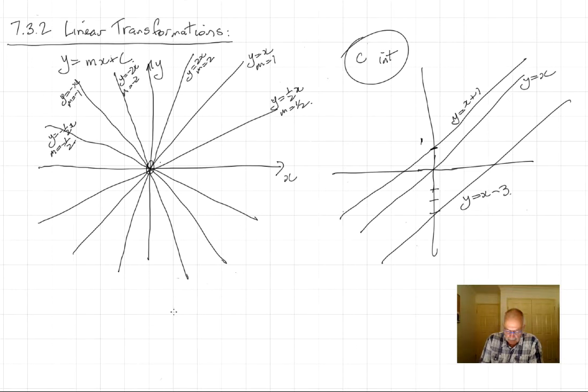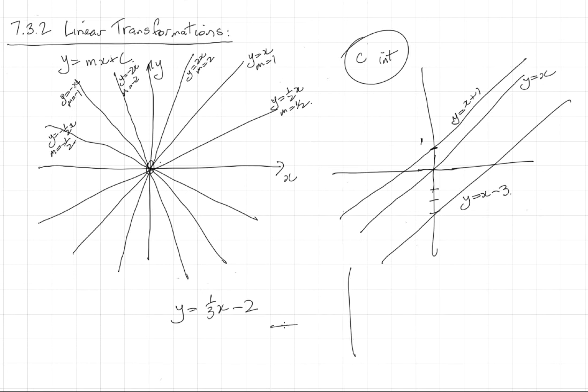So if you had y equals, let's say, a third x minus 2, we could start off with y equals x, then y equals a third x, and then we're going to slide that graph 2 units down and draw it parallel to that one.